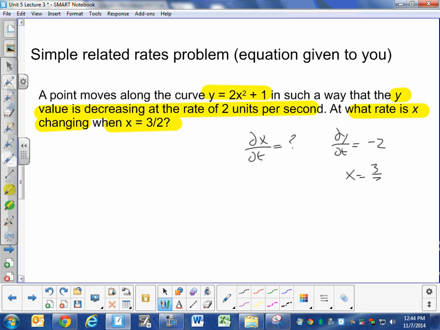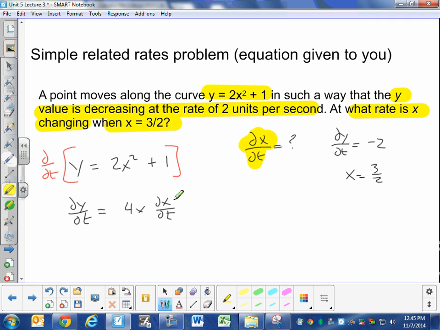This is the information given. Now we have one of those homework problems. We're ready to figure out what dx/dt is. And the only way I can get dx/dt is if I develop an equation with dx/dt in it. Well, take the derivative with respect to t of the equation you are given, and you will now develop something with the dx/dt. Here's dx/dt that I'm trying to find.